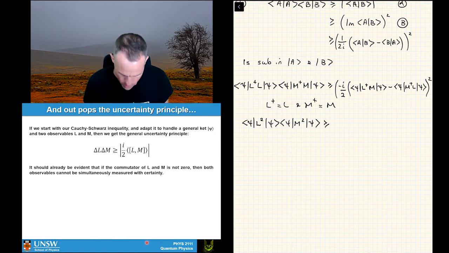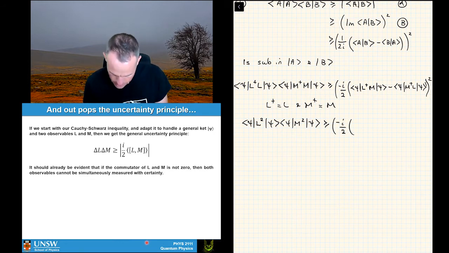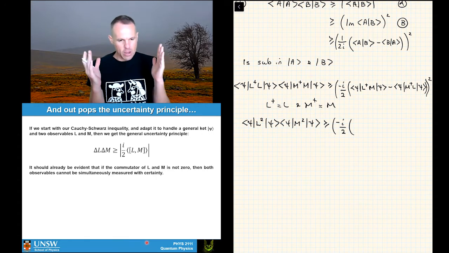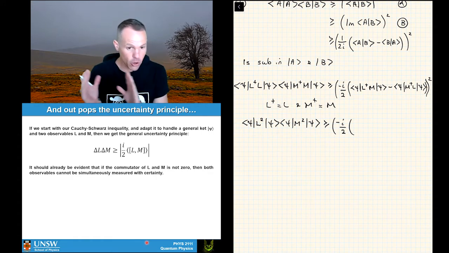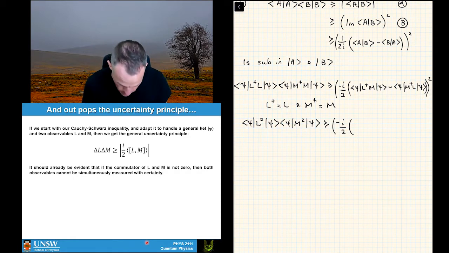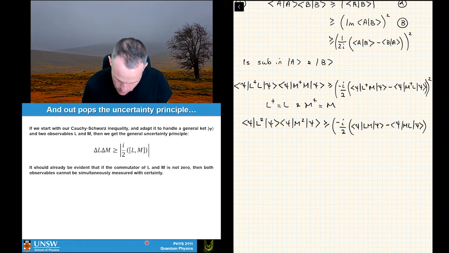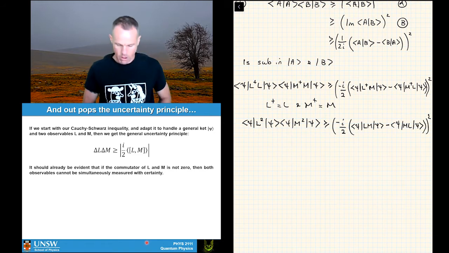We keep our minus i on 2 out the front, and then missing a bracket just in here. And then we can collapse these terms on the far end as well. So this would now be psi LM psi minus psi ML psi close squared. Okay, like so.